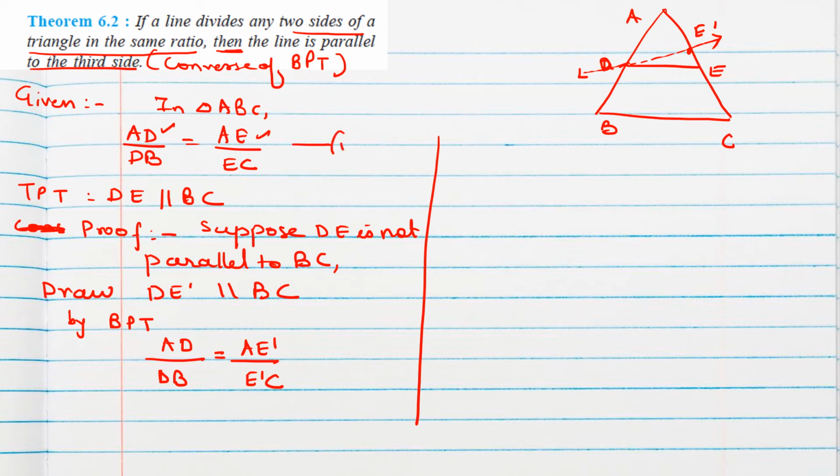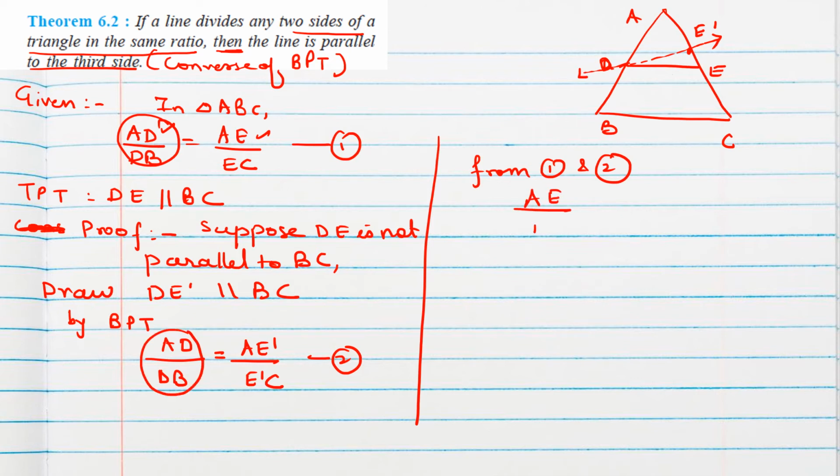Let this be 1 and this be 2. So from 1 and 2, what can we write? Left hand side of both expressions is equal, so the right hand side is equal. AE by EC is equal to AE dash by E dash C.